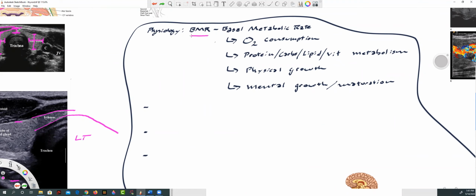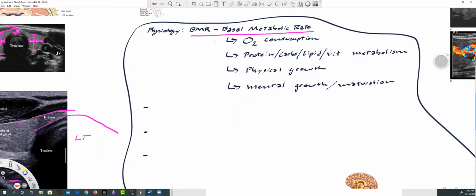BMR, the basal metabolic rate. I think I need to go back to my regular color. The basal metabolic rate. That is what the thyroid does. If you are hypothyroid, you are probably a little heavy. If you are hyperthyroid, you are probably a little skinny. So the thyroid hormones help control oxygen consumption and how well we exchange oxygen with carbon dioxide.